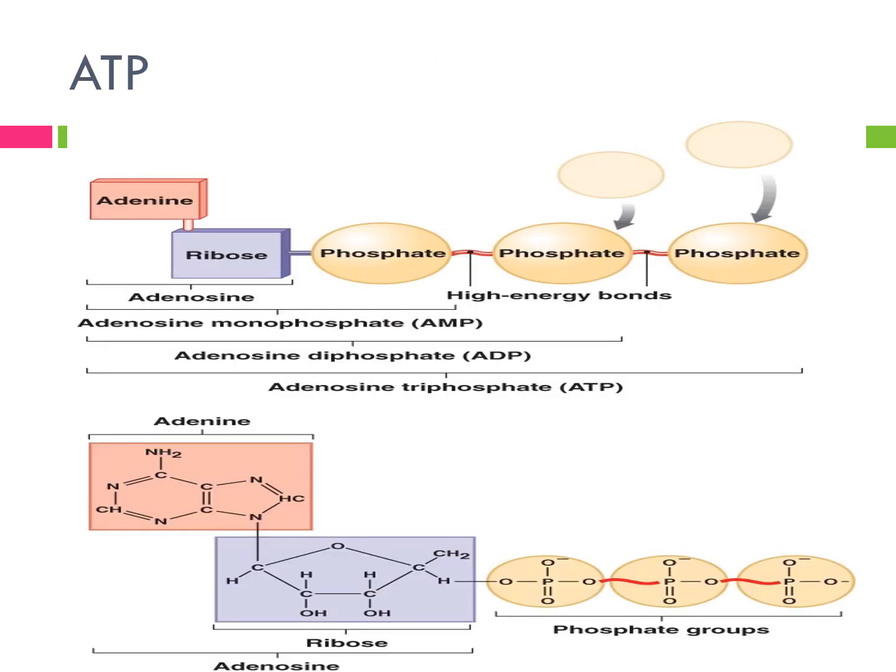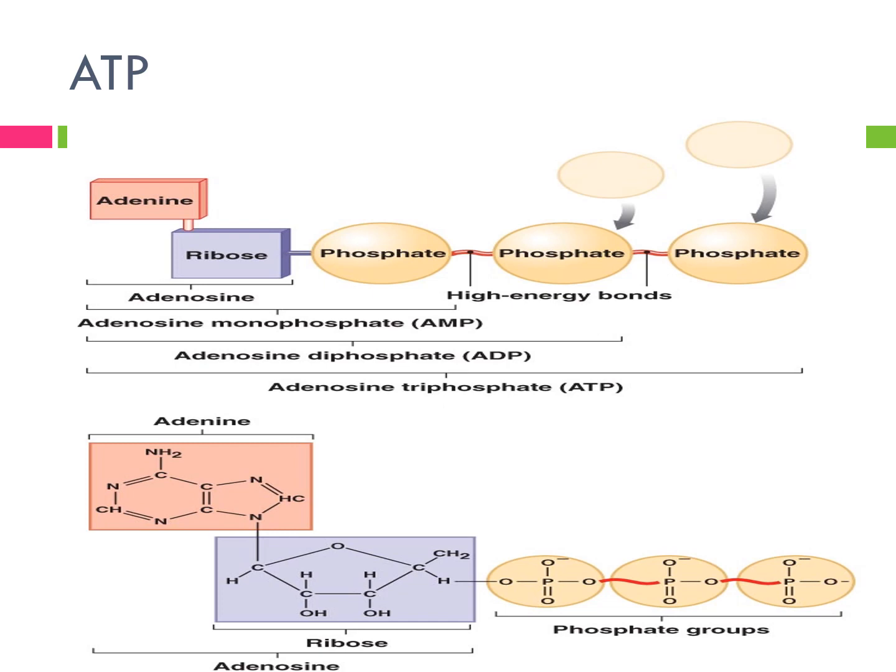Here we've got an adenine and a ribose. So this is adenosine, an adenine connected to a ribose. When we add one phosphate, it's called adenosine monophosphate, or AMP. When we add a second phosphate, that is the high energy bond, and that makes adenosine diphosphate, ADP.